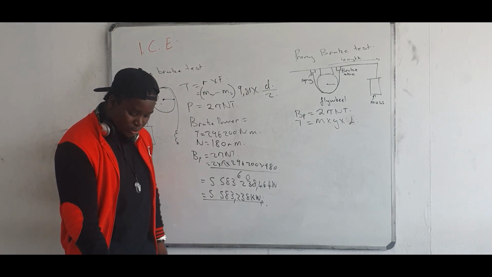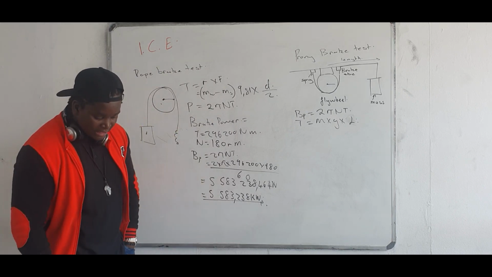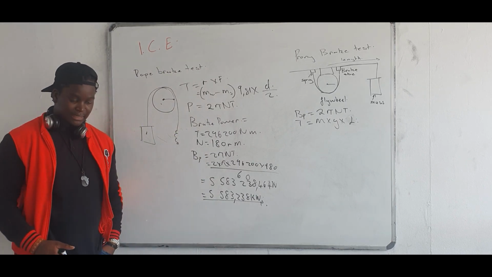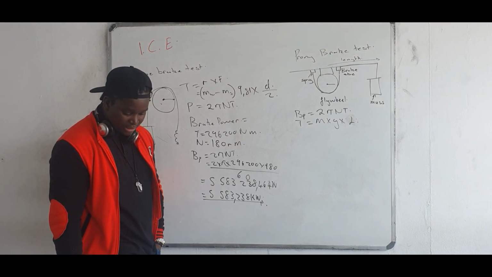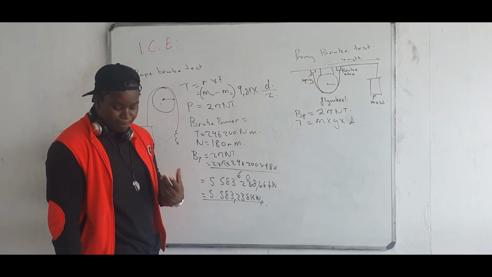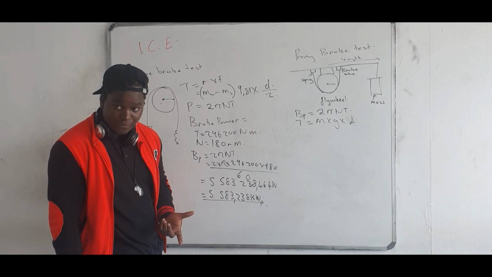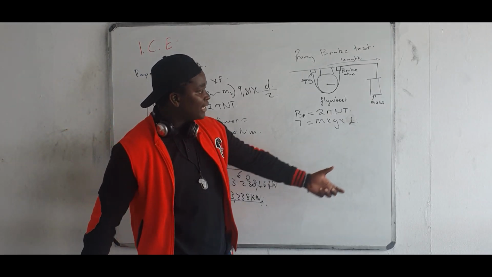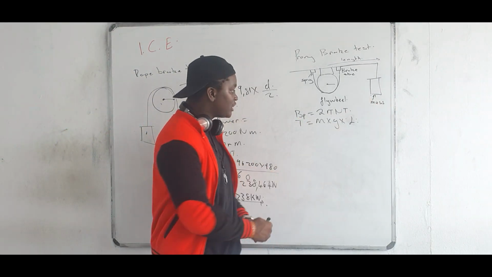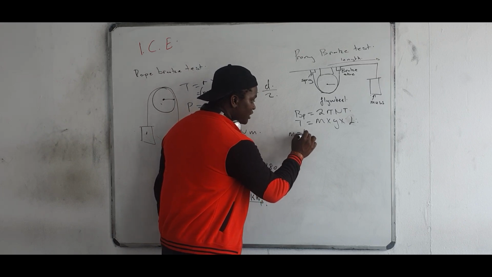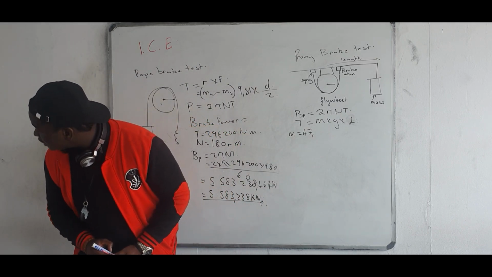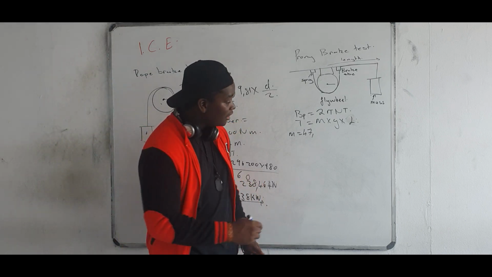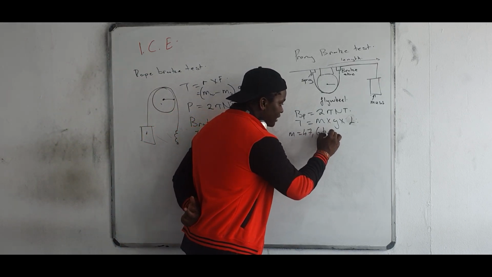So let's just look at this question that we're given. They said, during a brake power test with a pronY brake, the following details resulted. Then they gave us the mass at the end of the arm, which means the mass here. So this mass was given at 47,6 kilograms.